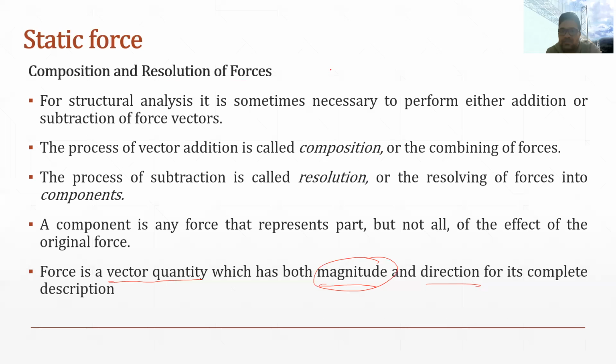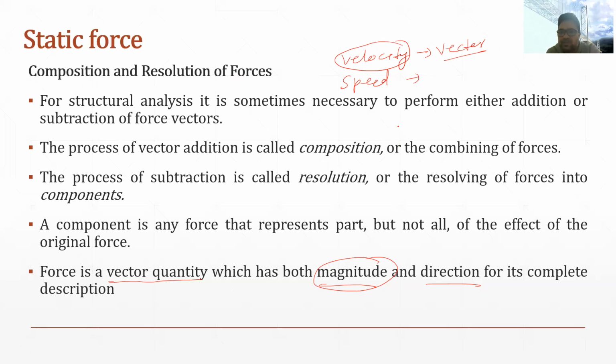For example, take velocity and speed. Velocity is the vector quantity and speed is the scalar quantity. Velocity has magnitude and direction.